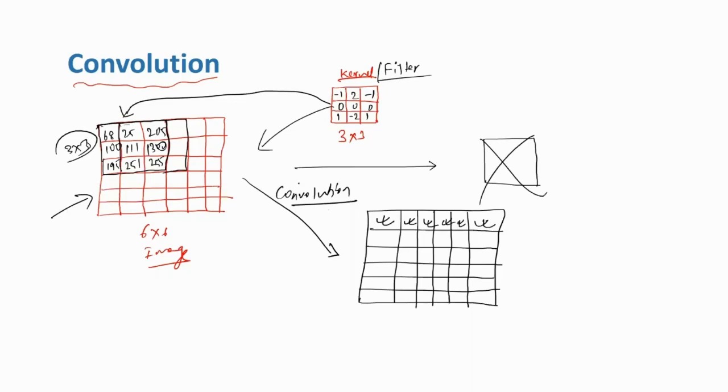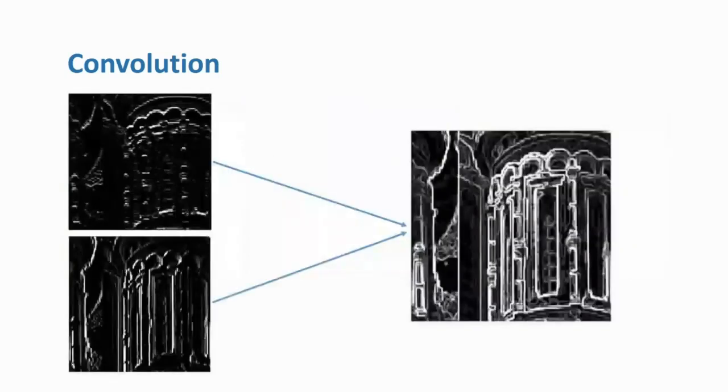Okay, so suppose this image is given, this one is the image. After that, what I am doing is, from this image I have got two different images after applying two different kernels. I can apply n number of kernels, that's up to you.